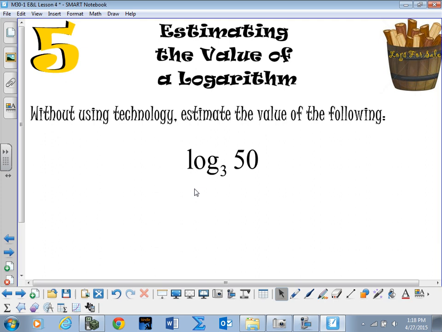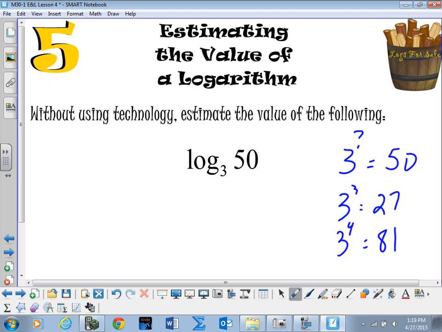All right, hopefully you have a pretty good idea. What I'm thinking in my head without a calculator is 3 to the power of something is 50. Well, 50 is not a nice power of 3, so I have to estimate. I know that 3 cubed is 27, 3 to the 4 is 81.